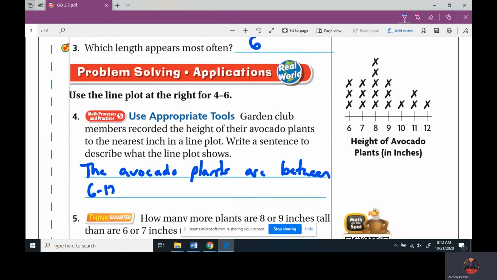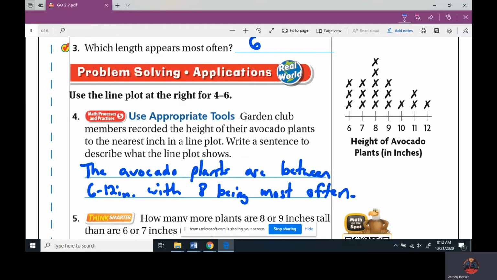The avocado plants are between 6 and 12 inches, with 8 being the most often.